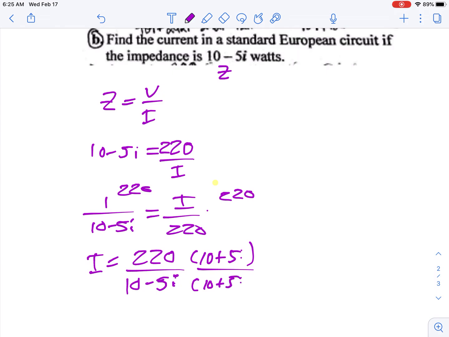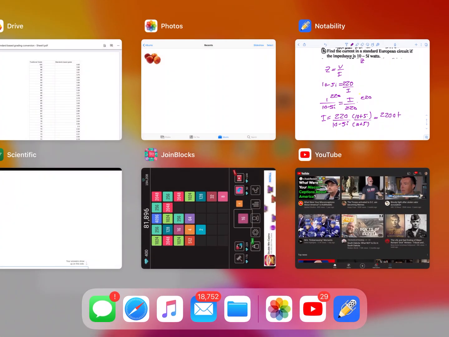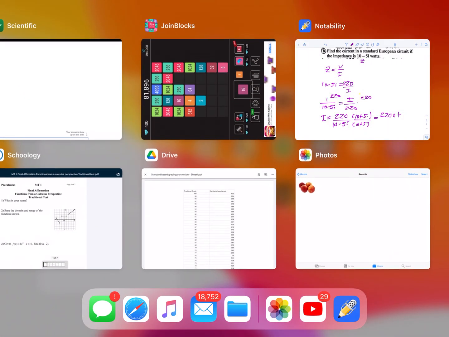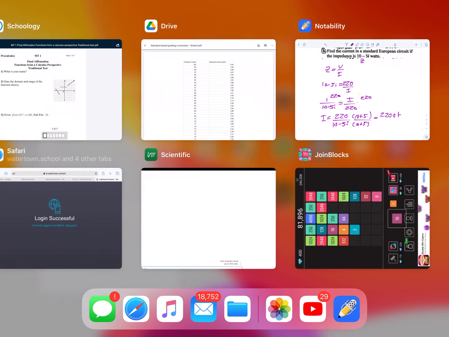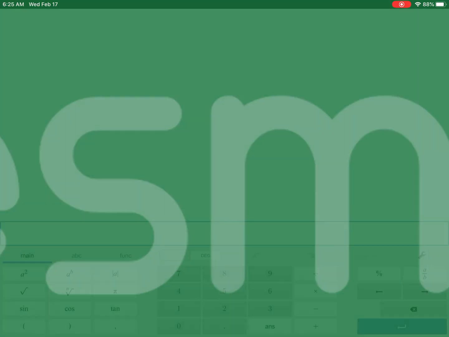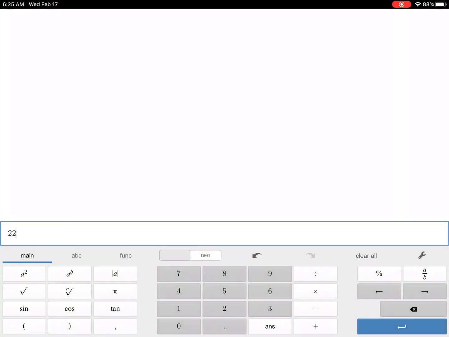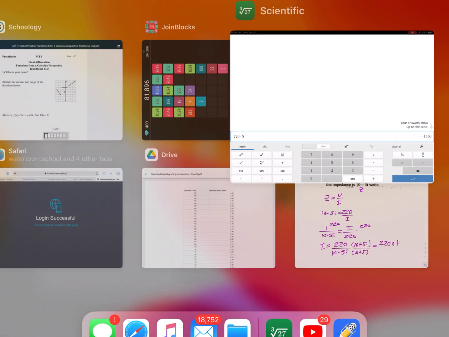Now let's simplify that. My numerator is going to be 2200 plus, what's 220 times 5? Let's use a calculator here. If I take 220 times 5, I get 1100.